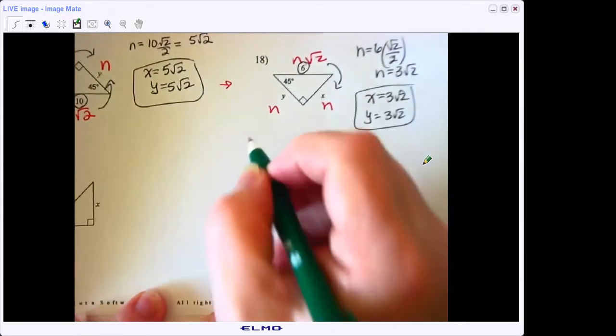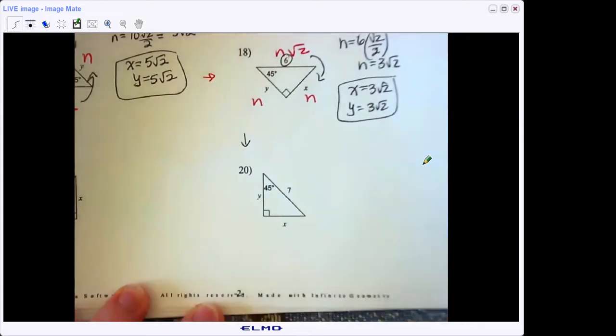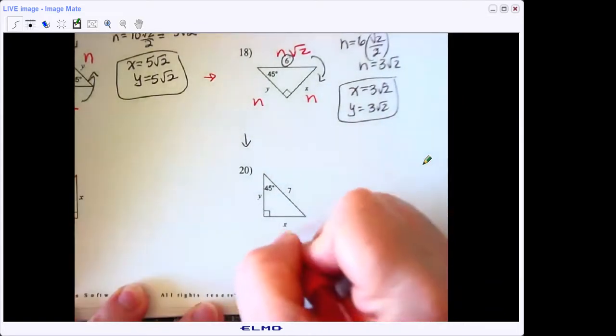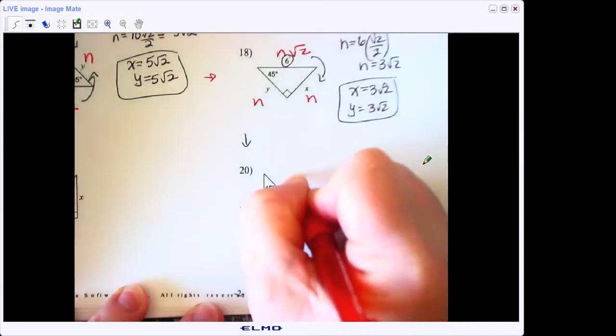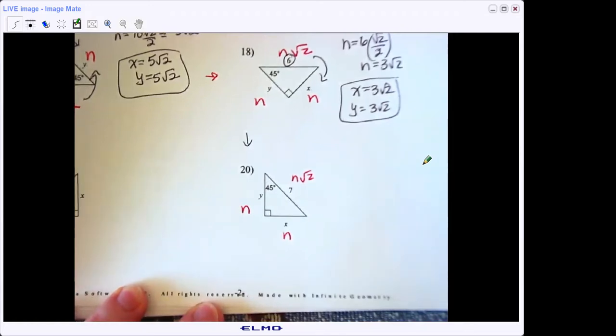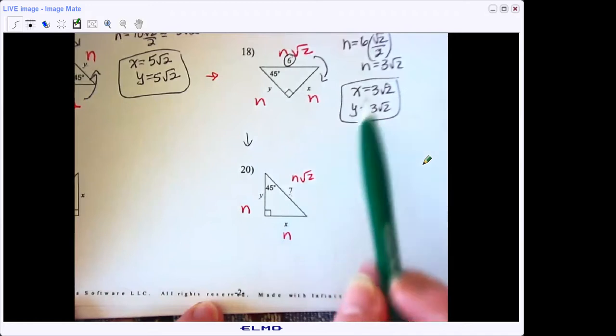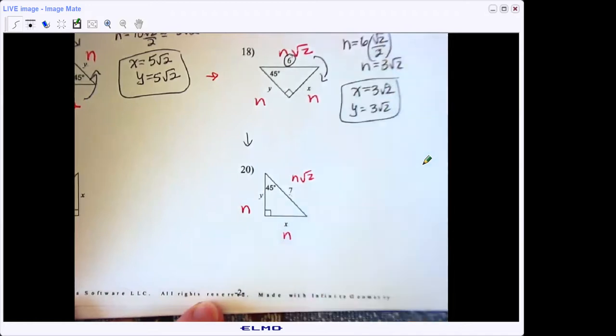Let's apply the same thing to number 20. So this I'm not going to give you as long. So there's n, and then root 2. Recognizing that our hypotenuse does not have a root 2 in it, the original number, we're going to apply the shortcut that we did above.